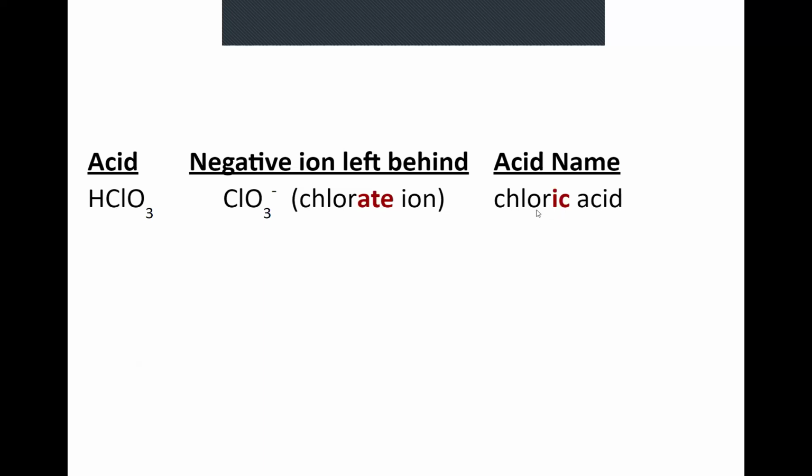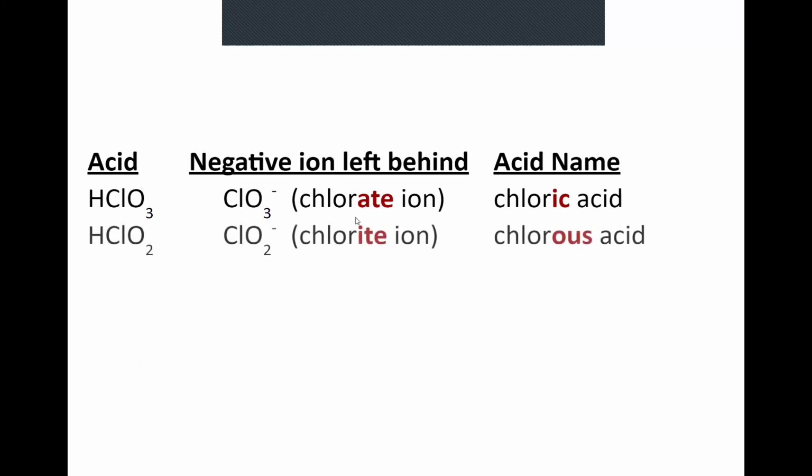We pronounce that chloric acid. If the acid's original formula is HClO2, and you remove an H and identify chlorite ion left behind, then your acid name will be chlorous acid.